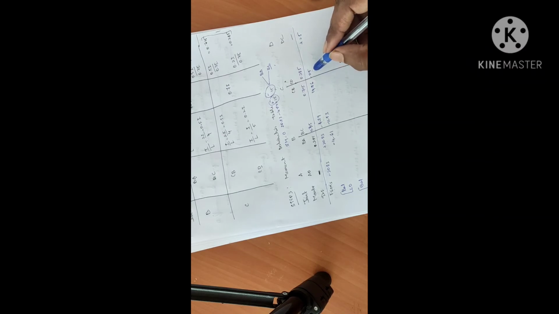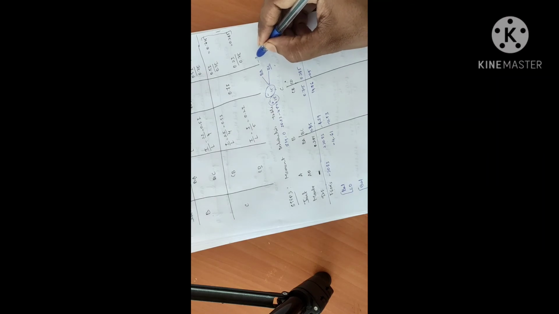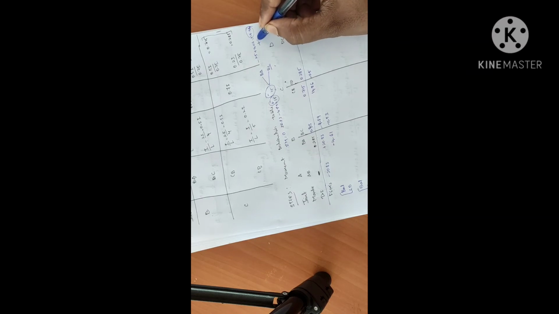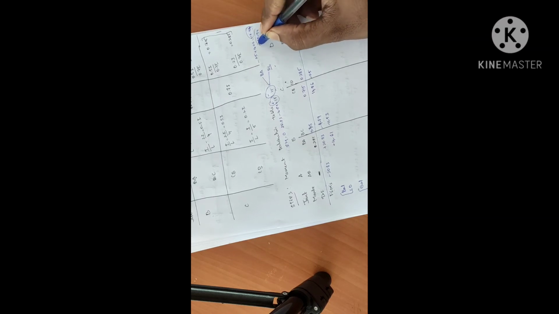Similarly, you do it for joint C. At joint C, it is minus 25 and plus 14. The unbalanced moment will be, on subtraction, 10 point something, 10.94, with a negative sign. So minus 10 is the unbalanced moment. The balancing moment will be of opposite sign and same magnitude, to make it 0.